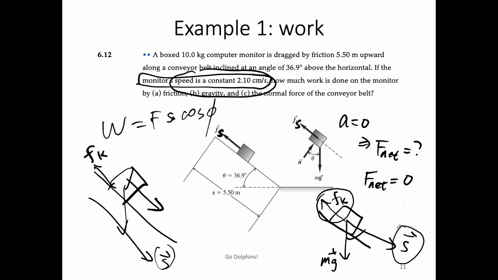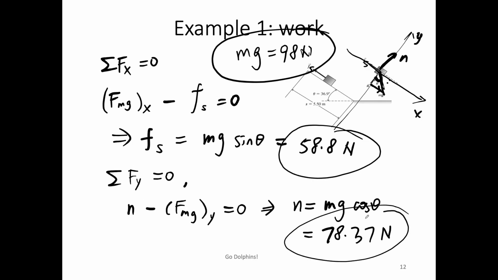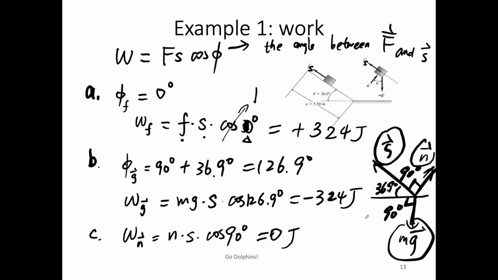The angle between kinetic friction and the displacement is going to be 180 degrees. And in this case, your kinetic friction is going to do negative work. So remember, if you want to find the work, you always need to find the angle between the force and displacement and put it in this cosine phi. It will automatically give you whether the work is positive or negative.